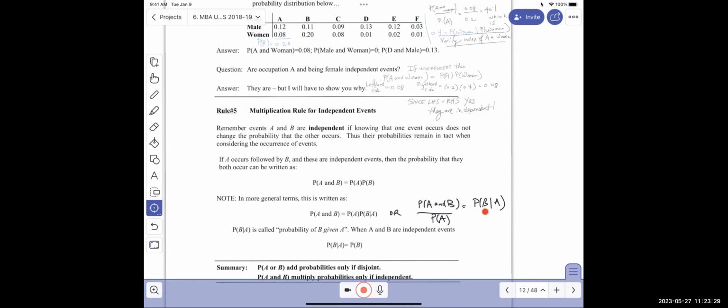But it turned out that B given A, whatever I calculated, was exactly the probability of the other event, the woman.